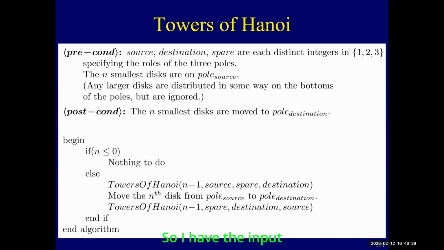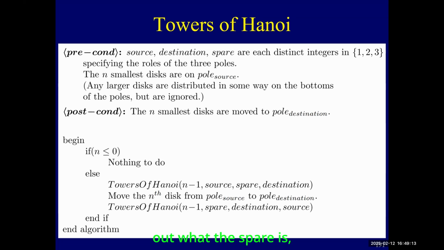So I have the input n, and we have the n smallest on the source. And the postcondition is those n have moved over to the destination, right? So the input to the problem is going to tell me which is the source pole and which is the destination pole, right? Now, once I know those two poles, the spare is the pole that isn't one of those, right?